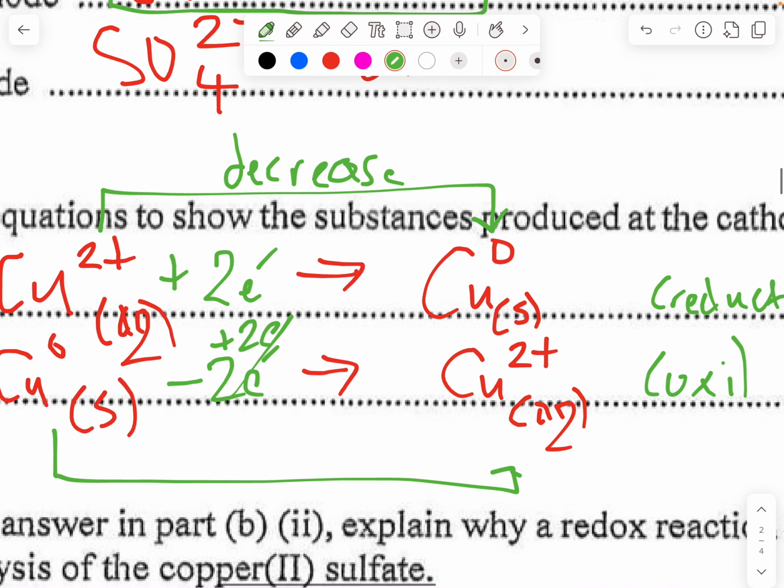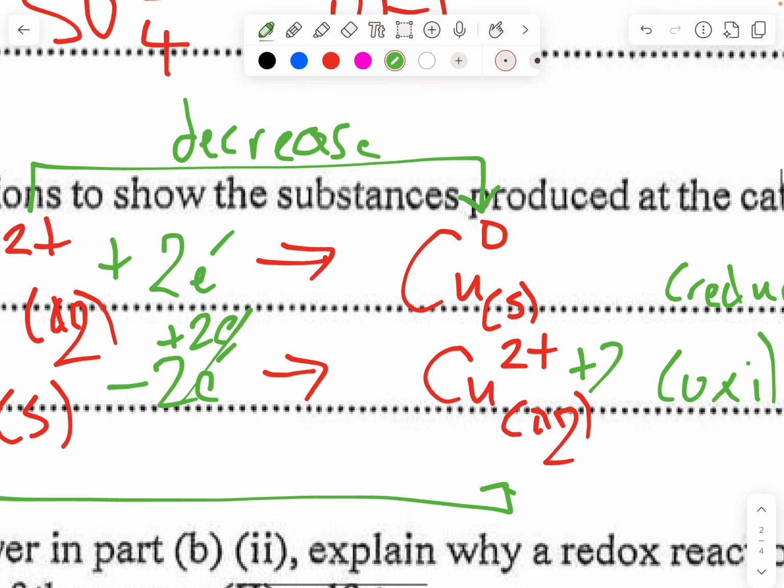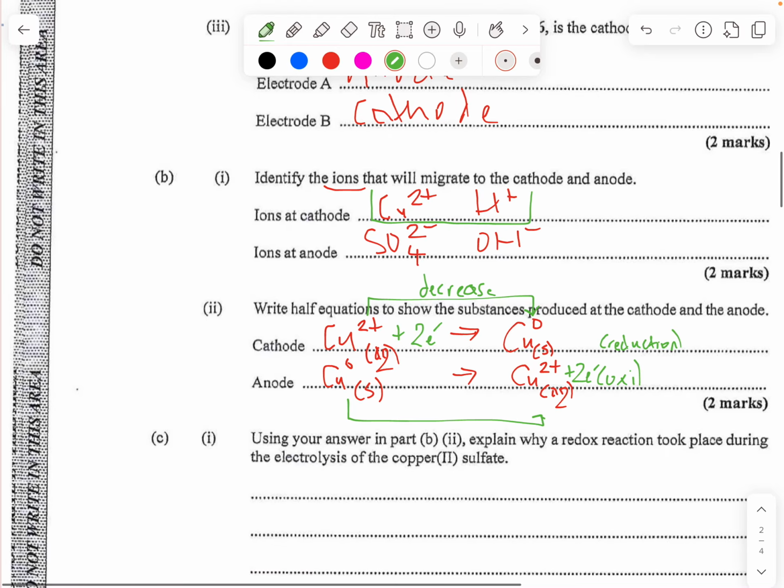Whatever we do to one side, we do to the next side. So if we add 2 electrons to the left, we have to add 2 electrons to the right. But on the left side, those electrons are cancelled, so I can just simply erase them. And that is my half equation at my anode.